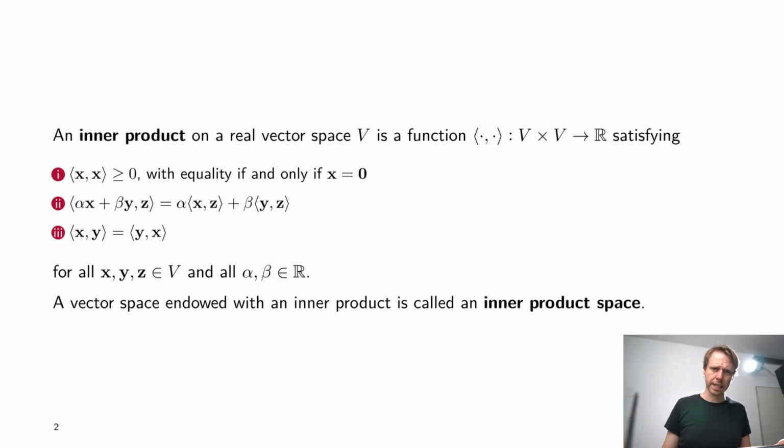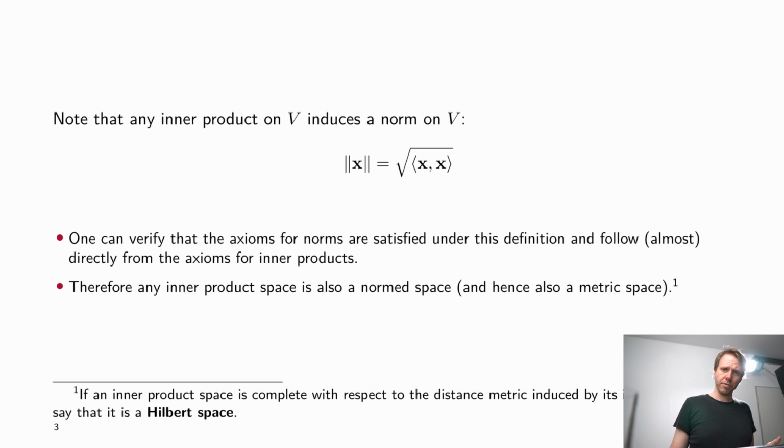Now a vector space that has an inner product is called an inner product space. Every inner product also induces a norm on V. So every inner product space is also a normed space, and the norm is the square root of the inner product of vector x with itself.